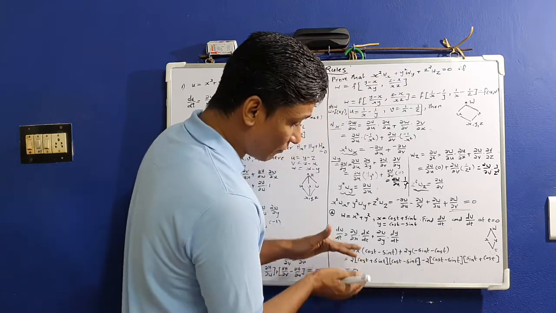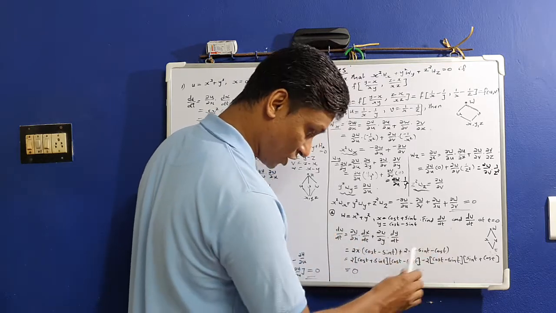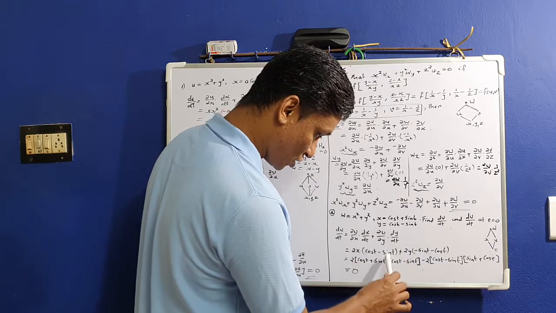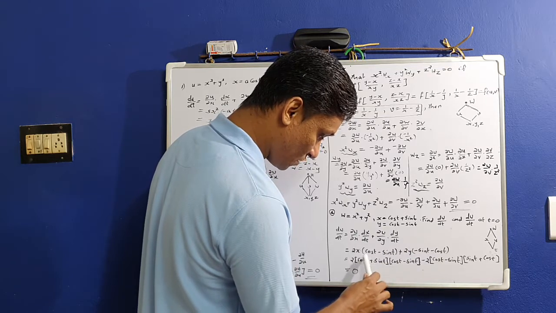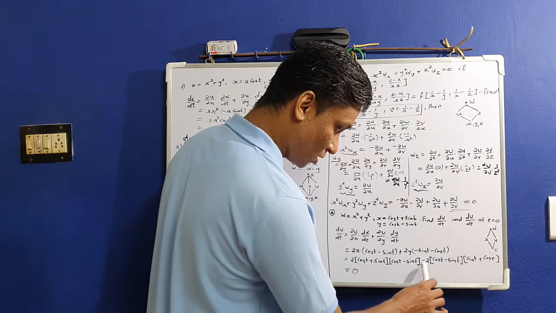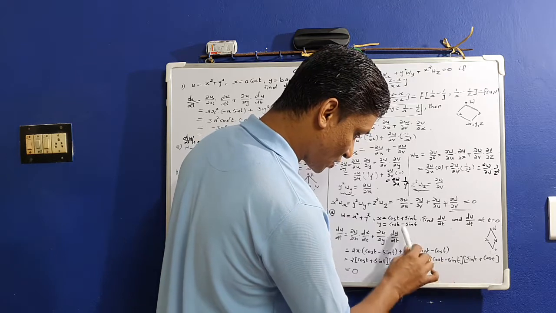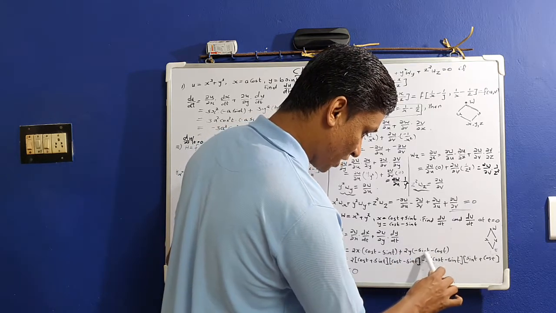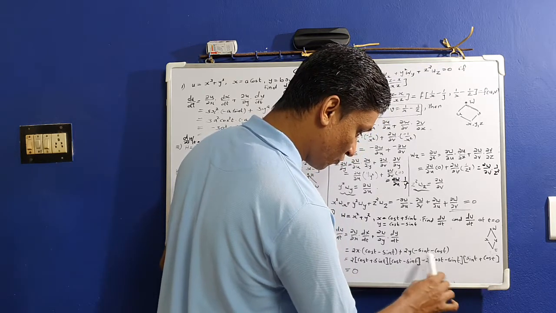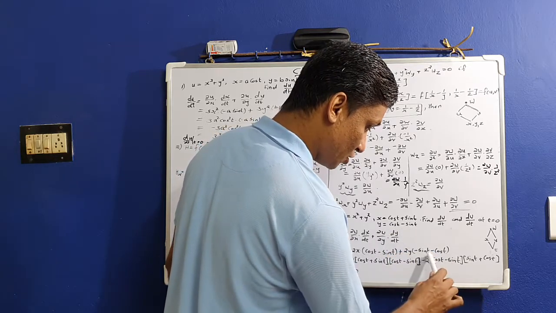Now you substitute the values of x and y in this expression. You get 2 into cos t plus sin t into cos t minus sin t. And taking this minus outside, minus 2 into y, which is cos t minus sin t, into sin t plus cos t.